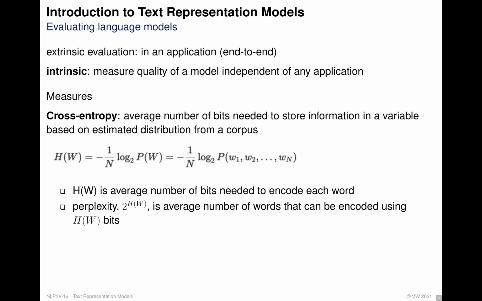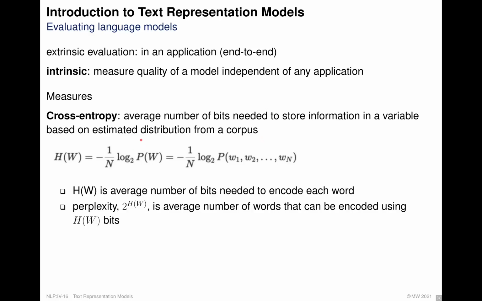Cross-entropy is related to quantifying information in a channel, and it represents the average number of bits of storage needed to store information in a variable. In the case of language models, this is done based on estimated distributions from a corpus.